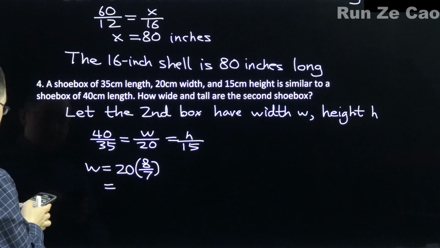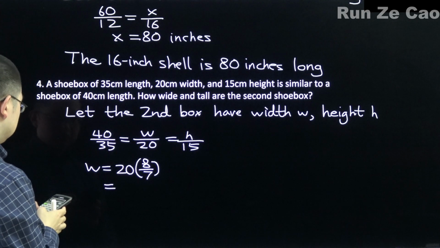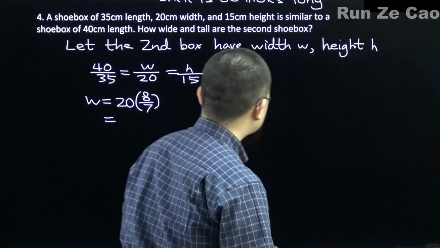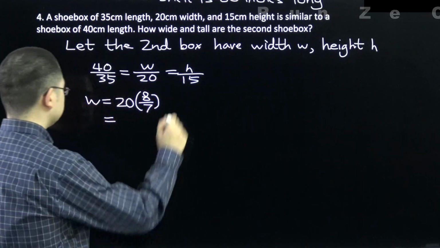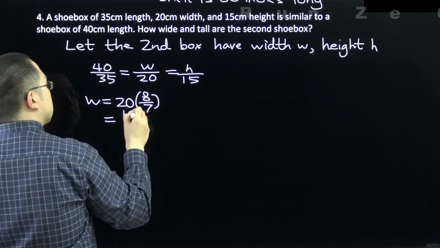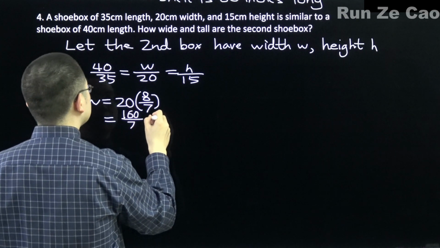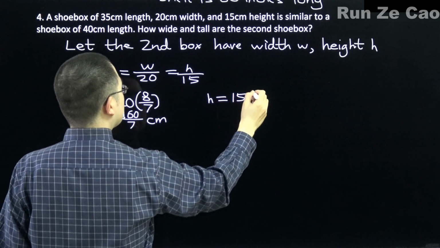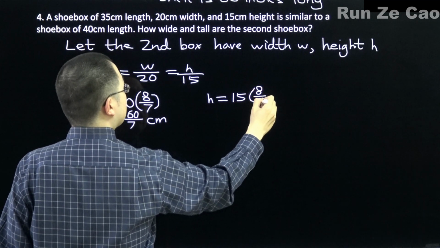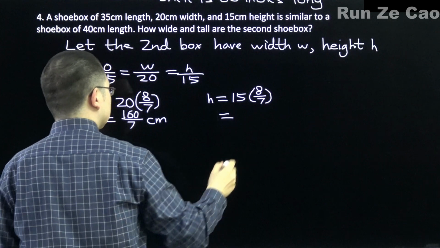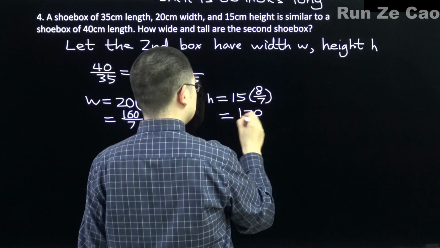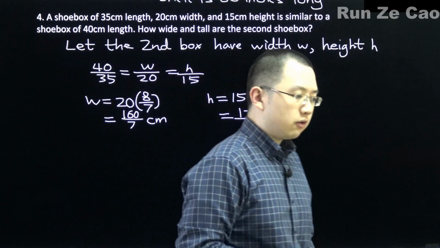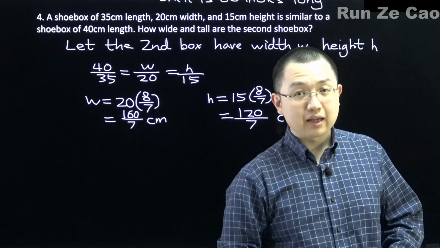So that's going to be 160 divided by... Wait, do we have instructions to round? Oh, find the missing measures. Well then, that's going to be 160 over 7 centimeters. And height is equal to 15 times 8 over 7, which is going to be equal to 120 over 7 centimeters. And if you're supposed to round, or you have a convention around rounding, please apply it.